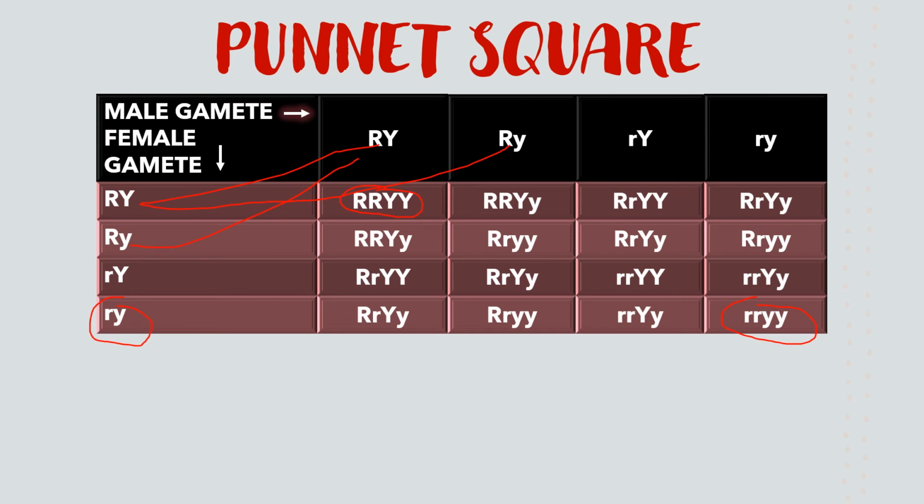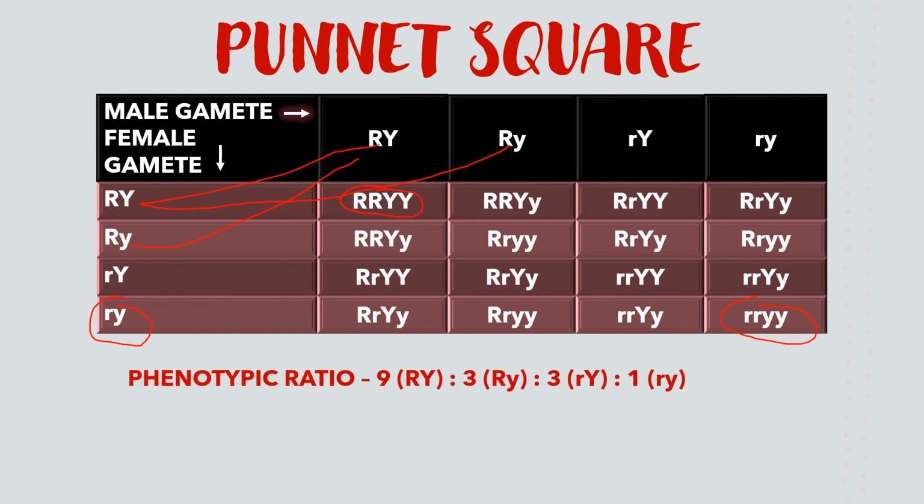So now, by looking at these 16 different combinations, the phenotypic ratio, just by looking at the plants, is 9 showing round and yellow seeds, 3 showing round and green seeds, 3 showing wrinkled and yellow seeds, and only 1 showing totally recessive, wrinkled and green seeds.